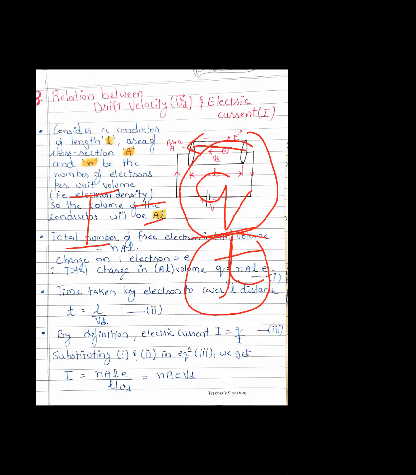We will find charge, we will find time, and substitute the values in the formula I equals to Q by T, and then we are going to get the relation between drift velocity and the electric current. Let's start.